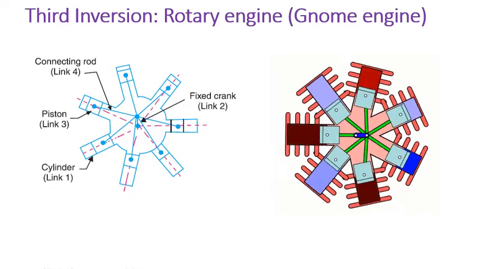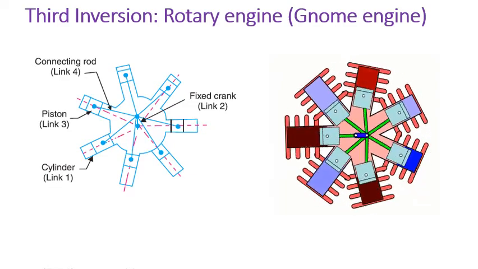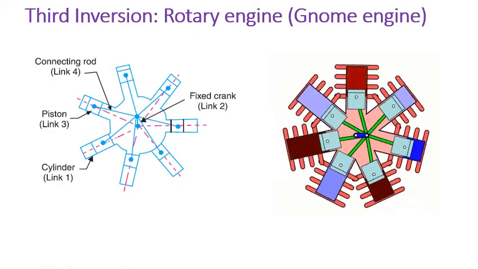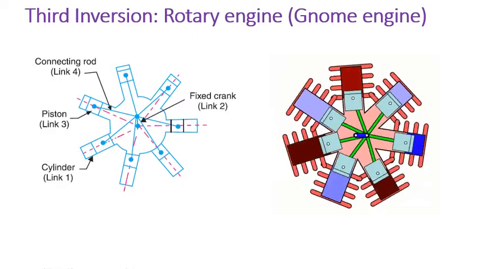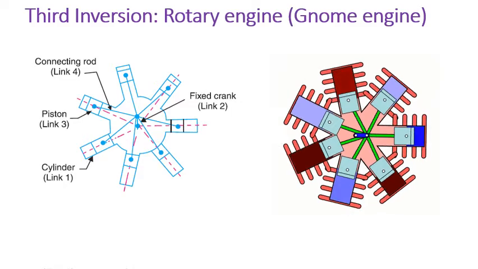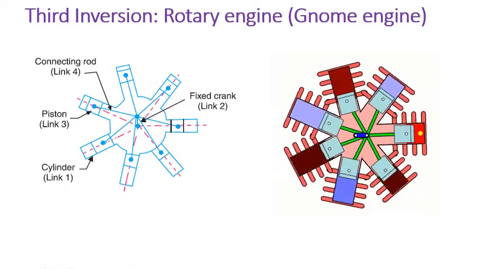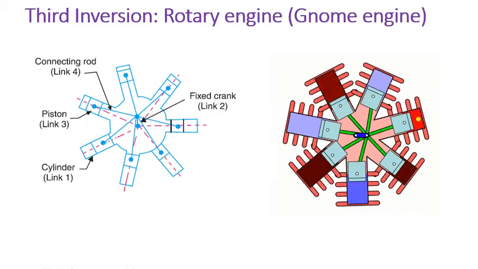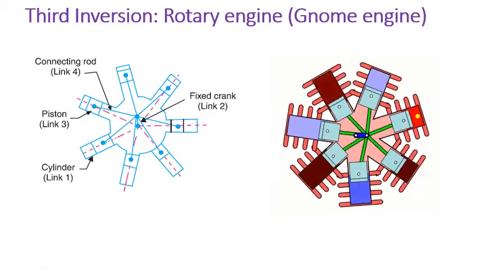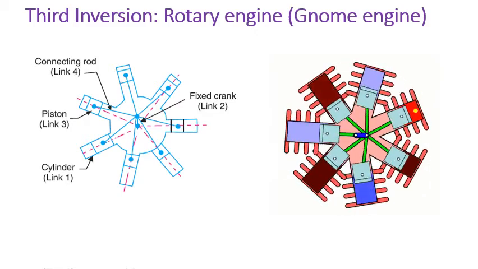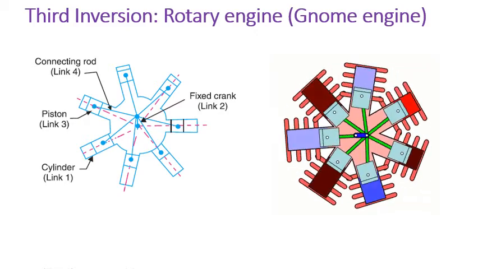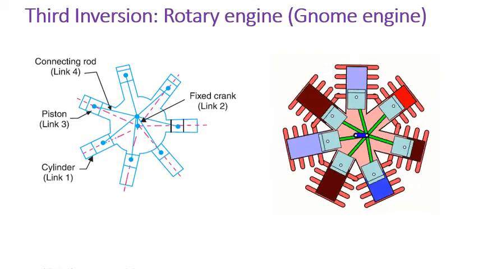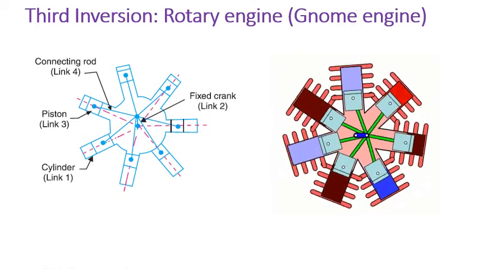You can see in the animation the cylinder is revolving, whereas link number 2, the crank, is fixed, and link number 3 is the piston, which reciprocates inside this cylinder, and link number 4 is the connecting rod which oscillates. You can see it here oscillating, in green color.